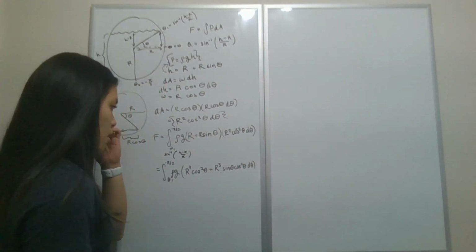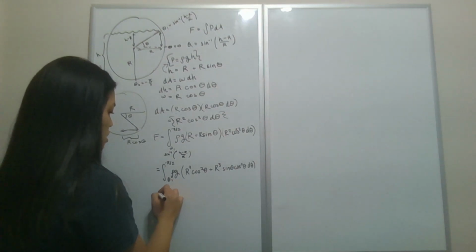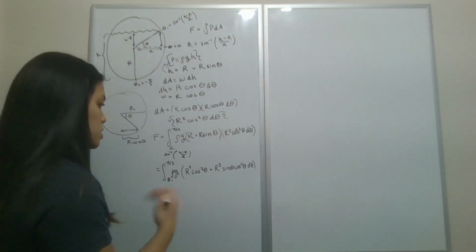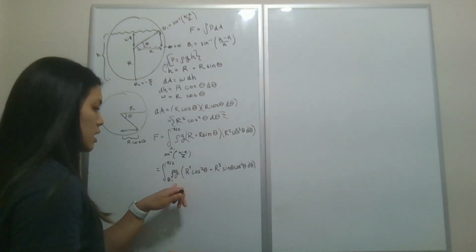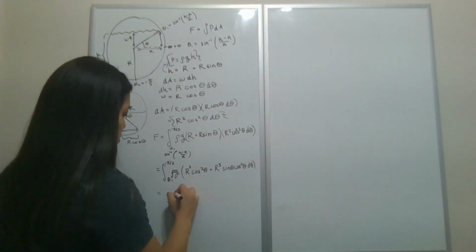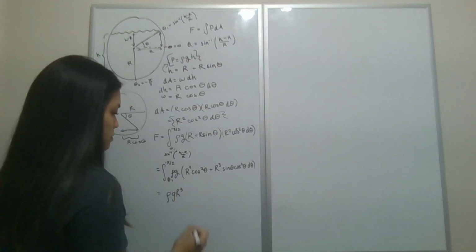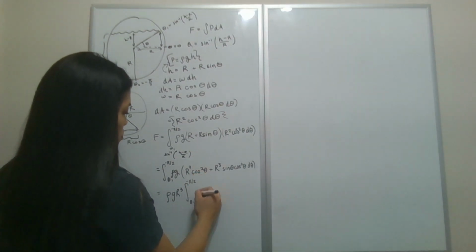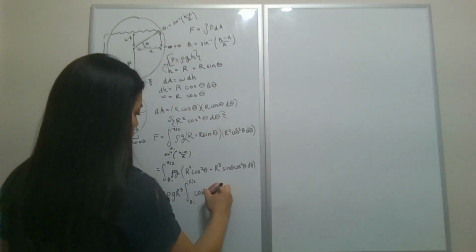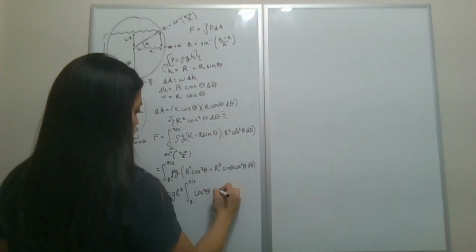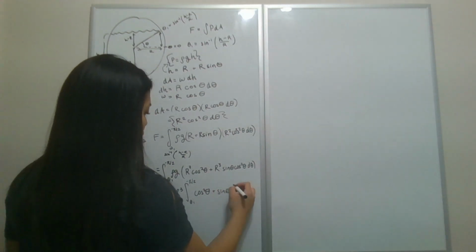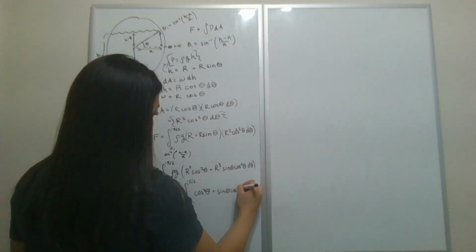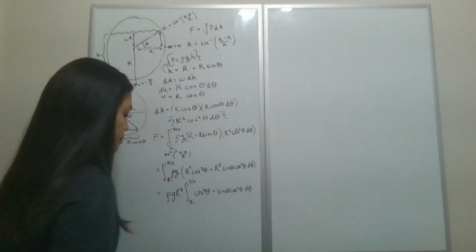Now we can distribute out this radius cubed, and that's actually going to be a constant, so we can just take it straight out of the integral. We can also take the density and the gravitational acceleration out of the integral, and that leaves us with the integral from theta 1 to negative pi over 2 of cosine squared of theta plus sine of theta times cosine squared theta d theta.